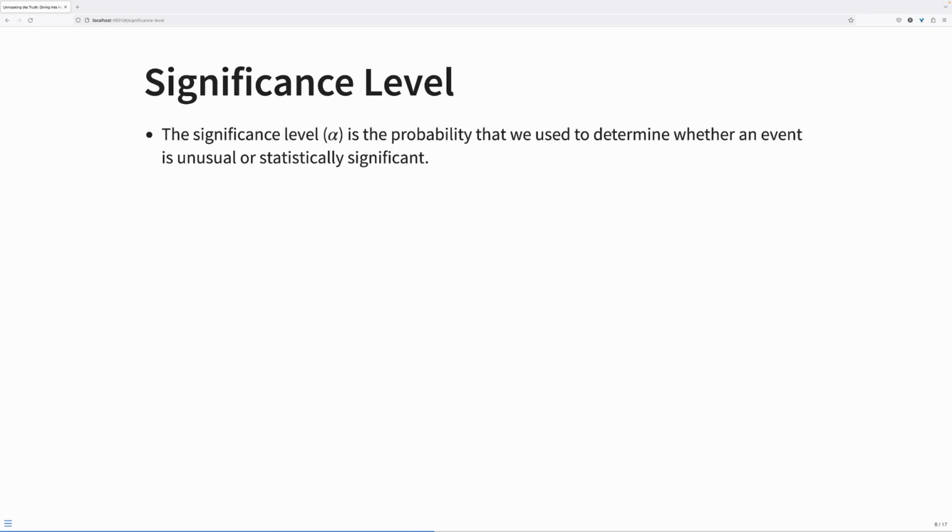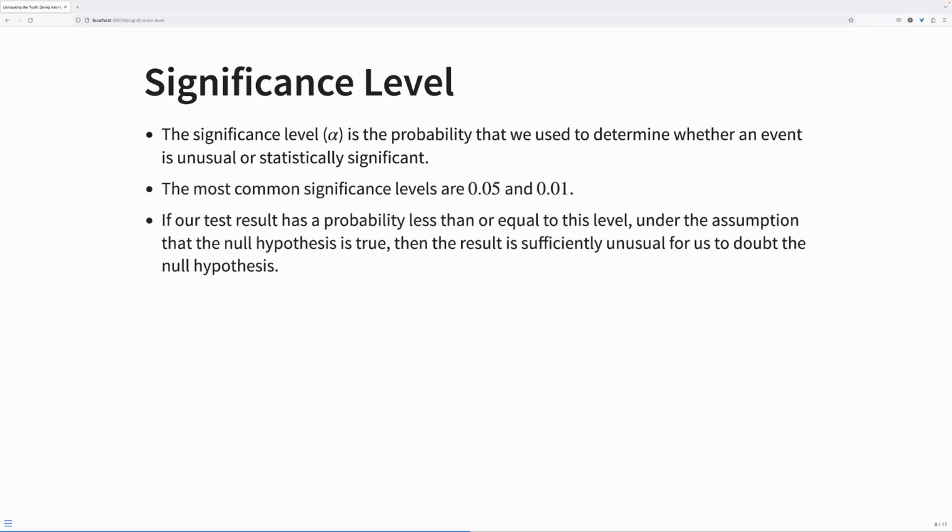The significance level, usually denoted by alpha, is the probability that we use to determine whether an event is unusual or statistically significant. The most common ones are 0.05 and 0.01. So if our test result has a probability less than or equal to this level, under the assumption that the null hypothesis is true, then the result is sufficiently unusual for us to doubt the null hypothesis.